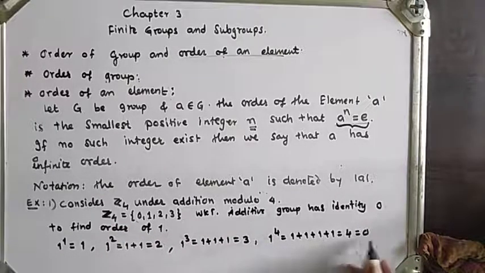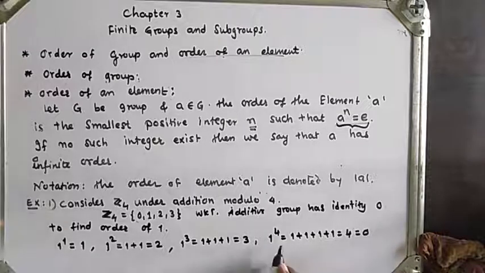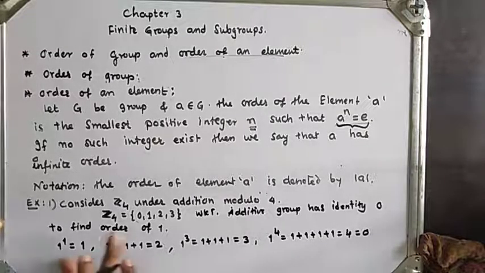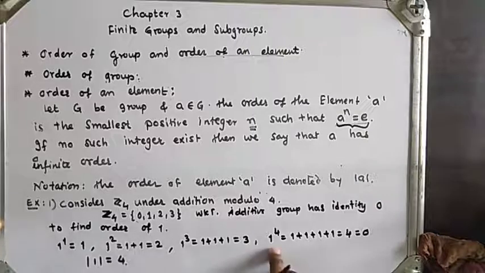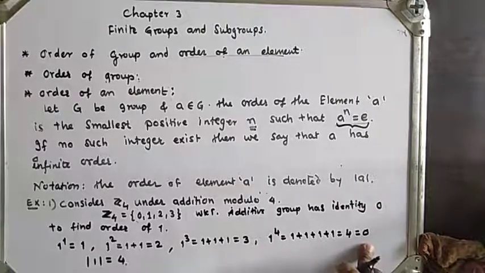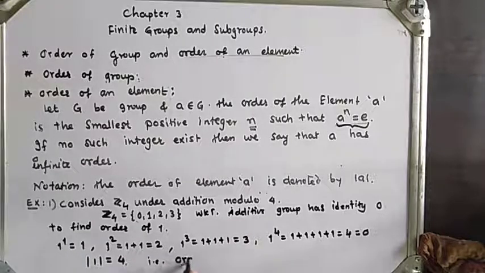Here 1 raised to 4 is equal to identity, which means the order of 1, I will write in brackets mod, the order of 1 is equal to 4. Therefore the order of 1 is 4, right?